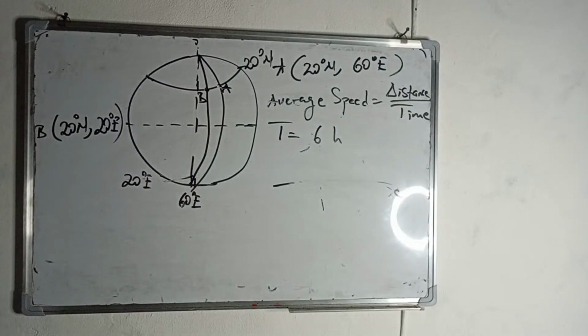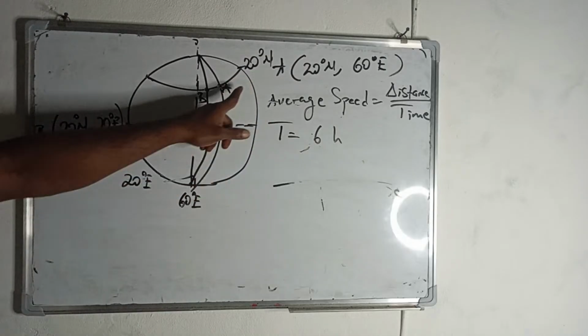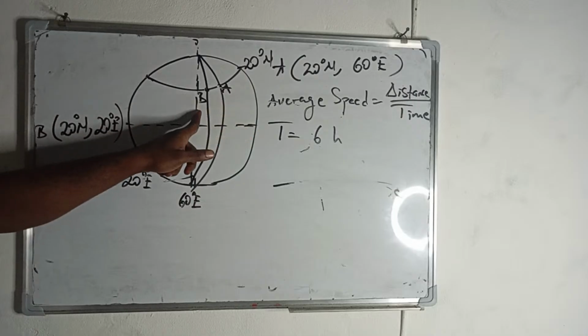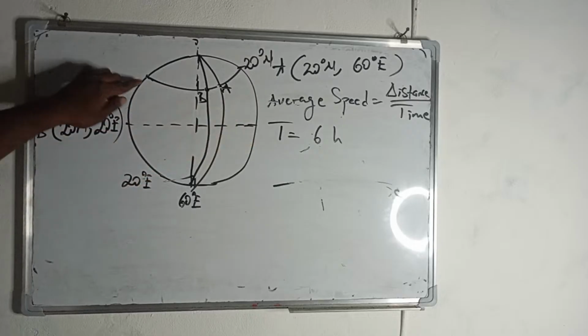Now this pilot traveled from town A to town B in the same latitude, changing longitude. Remember, he's traveling in a small circle.